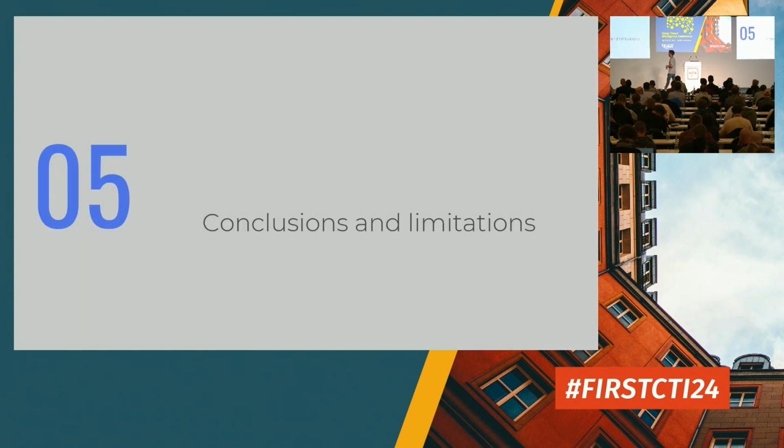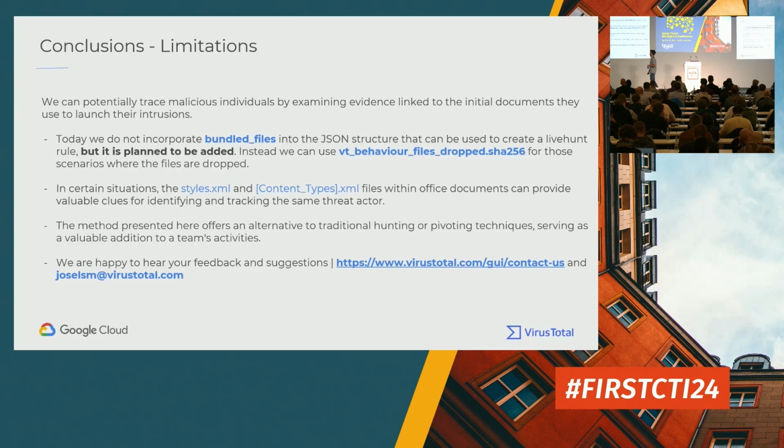Okay, so just finishing the presentation, these are the conclusions and limitations. We can potentially trace malicious individuals by examining evidence linked to the initial document they are using during their campaigns. Something important to mention is that nowadays, we do not incorporate the bundle files into the JSON structure that can be used to create Livehunt rules.